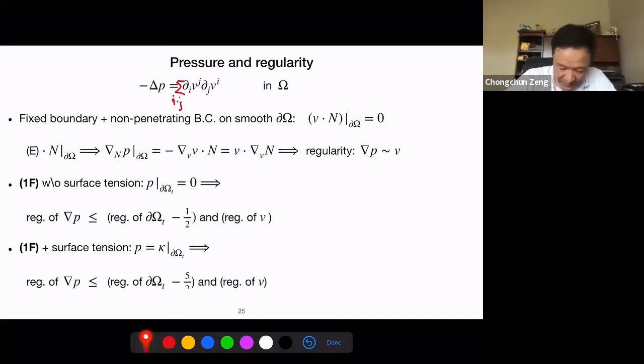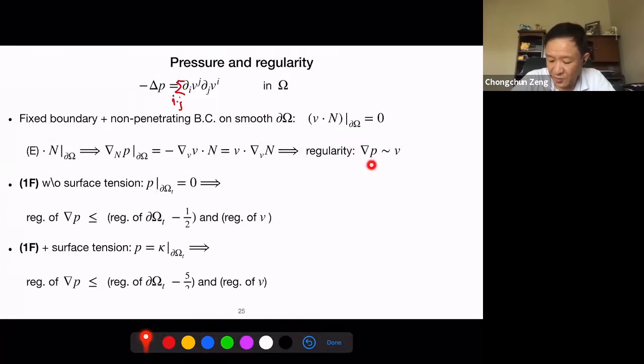But in the fixed boundary case and the free boundary case, and with or without surface tension, they make a huge difference. In the fixed boundary case, you can assume that the boundary is smooth, and assume the no slip boundary condition. And then, as explained half an hour earlier, the pressure has pretty much the same regularity as the velocity field.